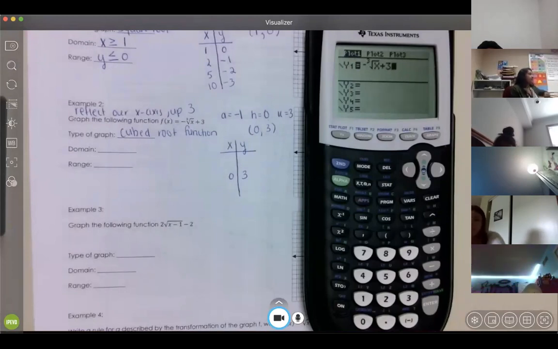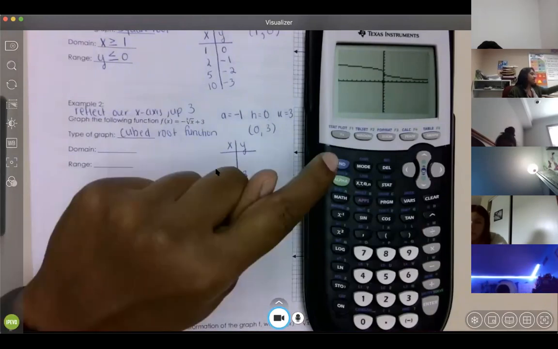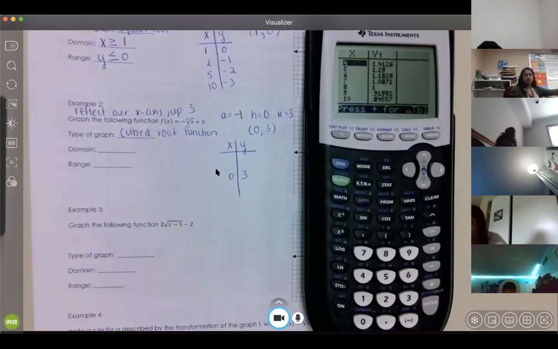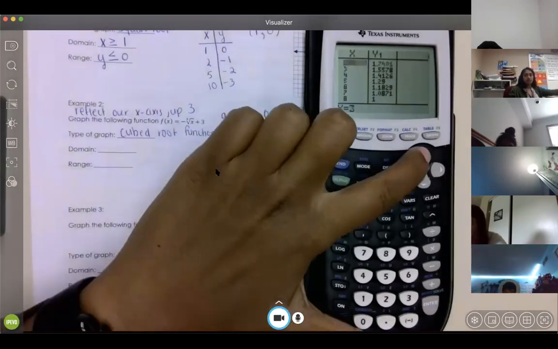Now we're going to graph it. And then we're going to get a table of values. So you're going to hit second table to get your table of values. You want 0, 3 to be in the middle, so you're going to scroll until you get to 0.